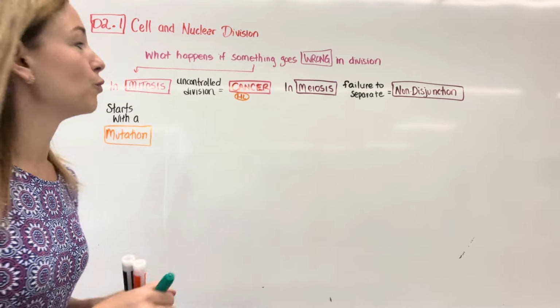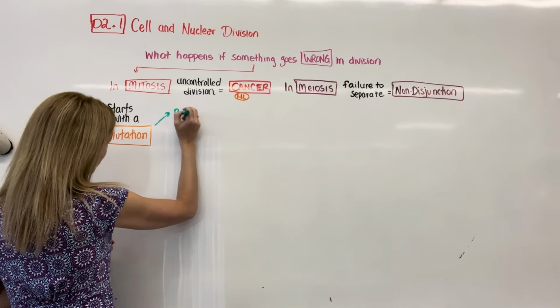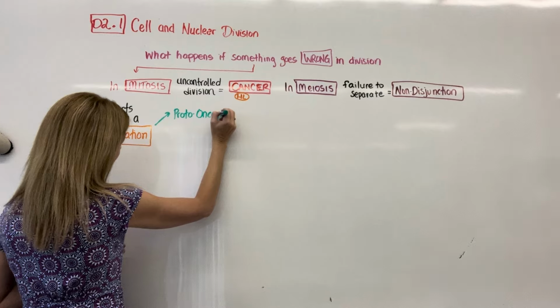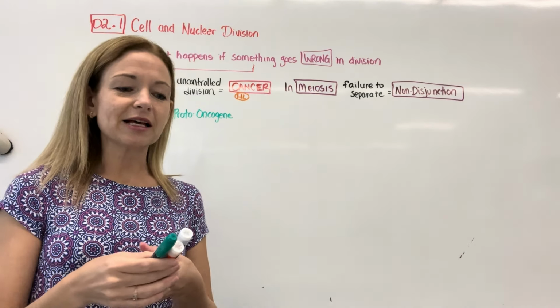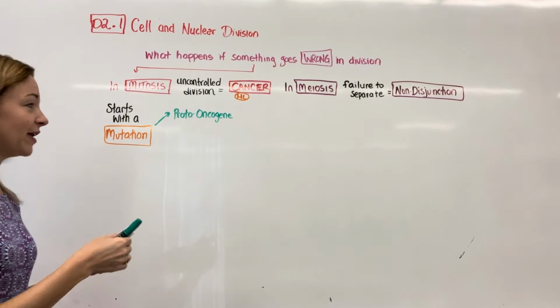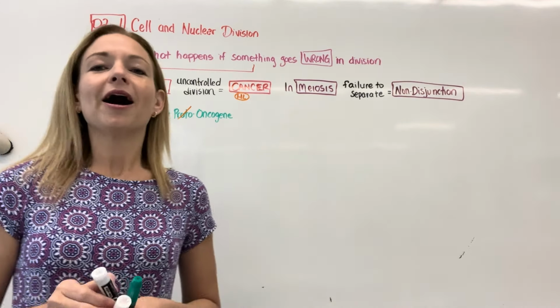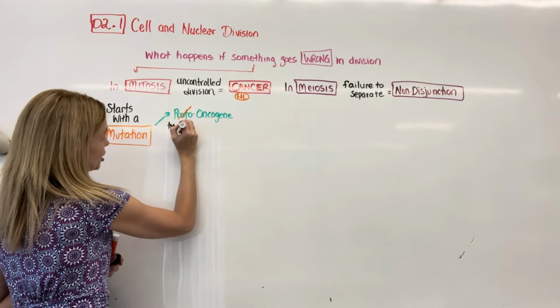Mutation 1 is a mutation in a proto-oncogene. This is a gene that is responsible for encouraging cell division. If it happens in a proto-oncogene, we now call it an oncogene, because that's fun and confusing. And that's going to cause too much acceleration.